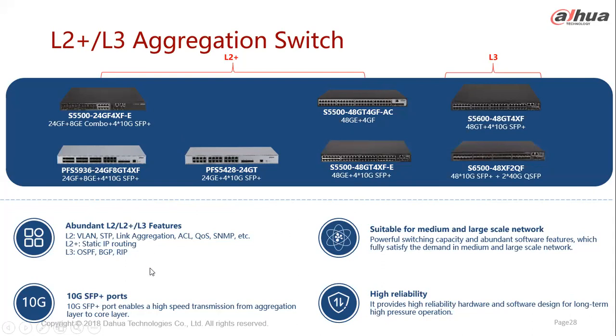Typical functionalities for the aggregation switches include even routing, so it can do router functionalities. You have VLANs, STP, link aggregation, quality of service, network management protocols, and even routing for the different networks. So it can act as a router.